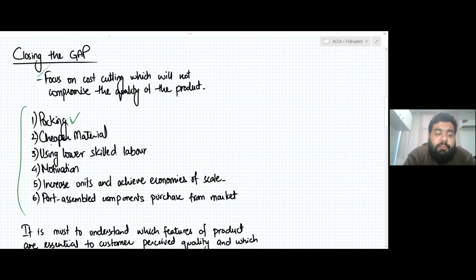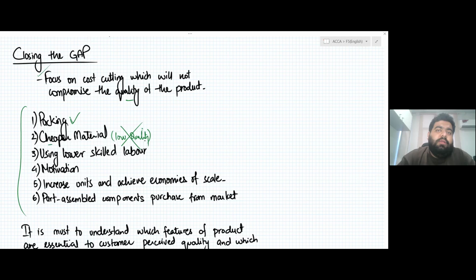Okay. Second point, how can you cut the cost? You can use cheaper material. Cheaper material here doesn't mean low quality, because if you take low quality, obviously you can cut the cost, but target costing says don't compromise the quality. Cheaper material means find suppliers in the market who can give you good discounts, maybe good terms and conditions on bulk discounts, or something like that.